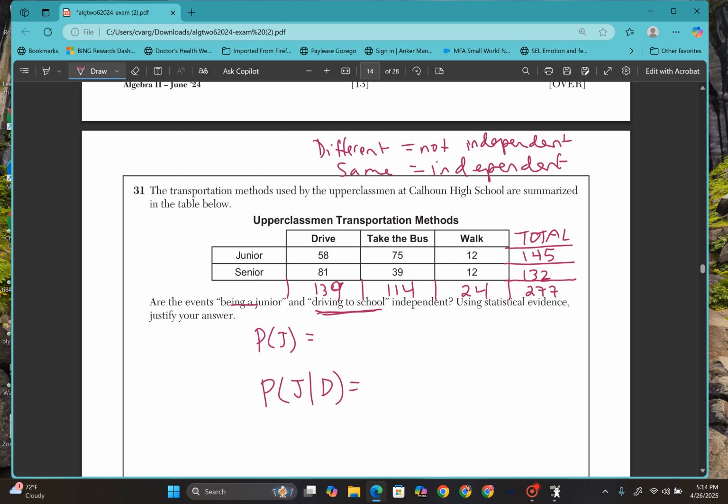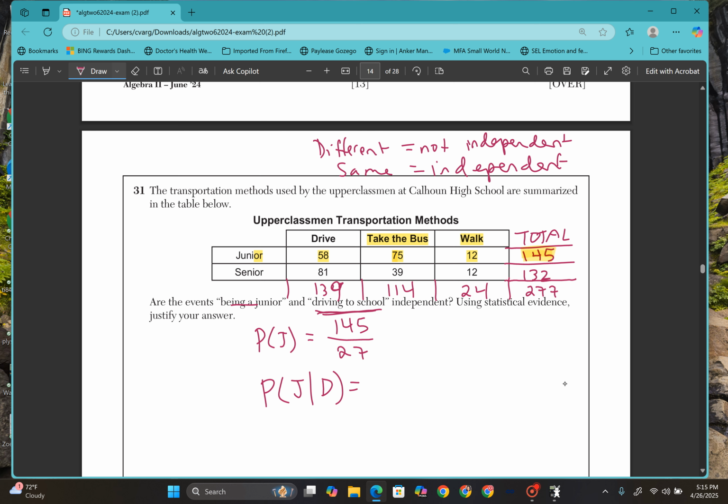So let's see, what's the probability of being a junior? How many juniors are there, right? If I take the amount of juniors altogether, that's going to equal 145, right? There's 145 juniors altogether out of the 277.